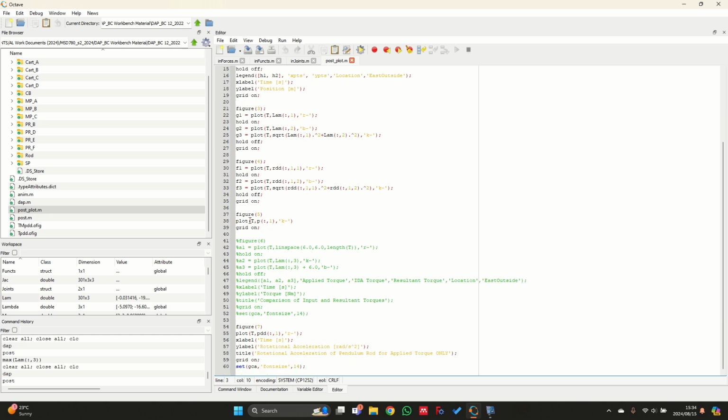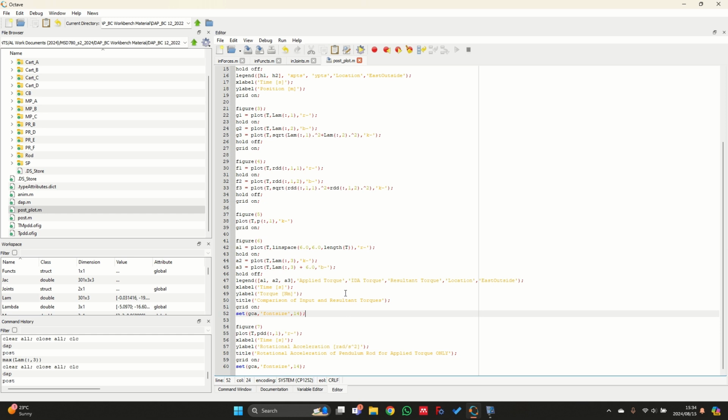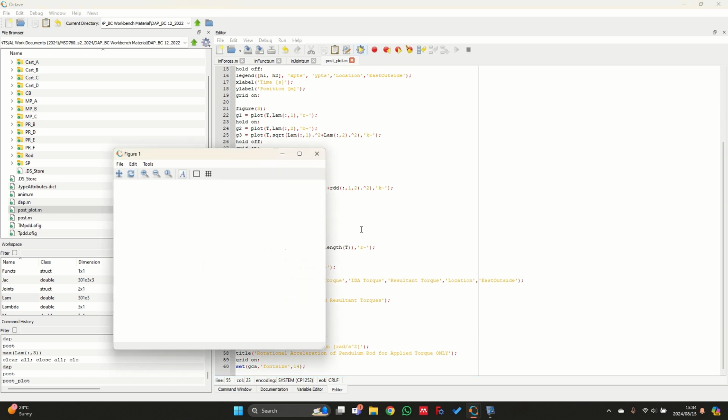Figure 5 is then the actual angle that I'm testing as well. And then over here I have figure 6, which we can now consider. So I'm just going to uncomment that by pressing Ctrl, Shift, and R. And then figure 7 over here is the rotation acceleration that I want to check for the pendulum rod as well. Okay, so I'm just going to run the post plot script, so I can just press over here on this gear button.